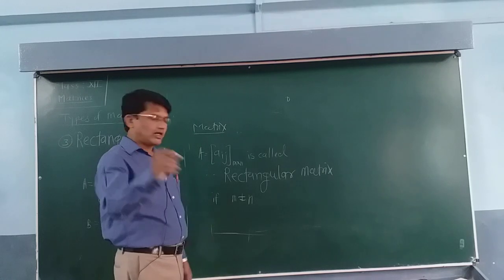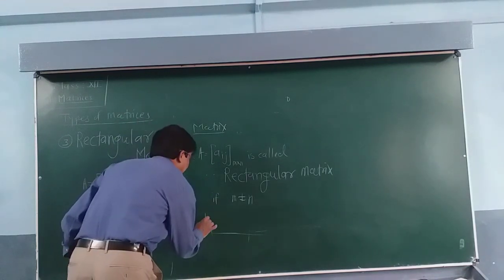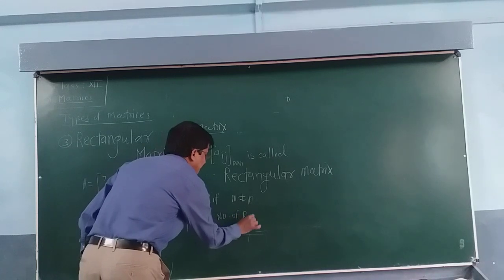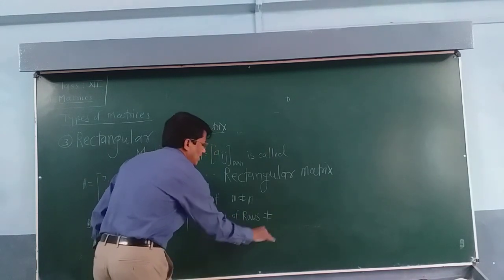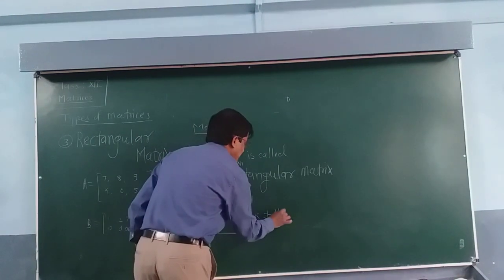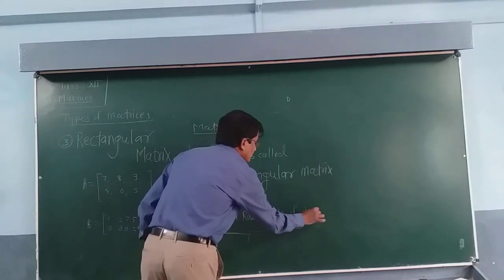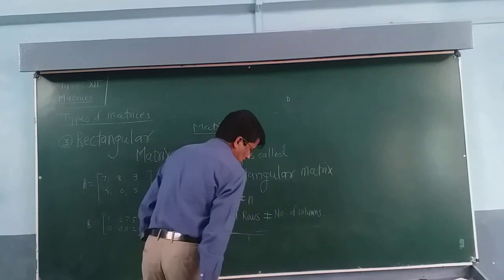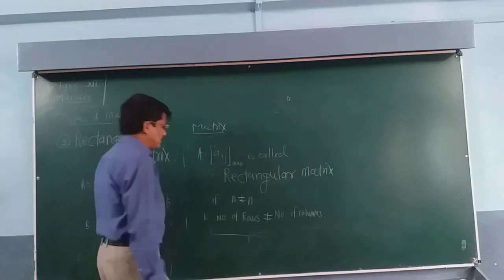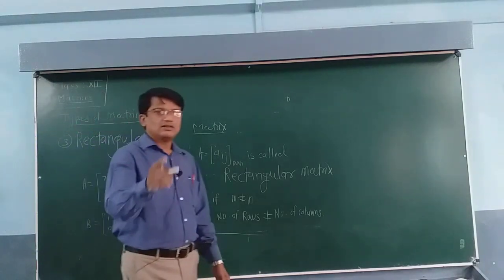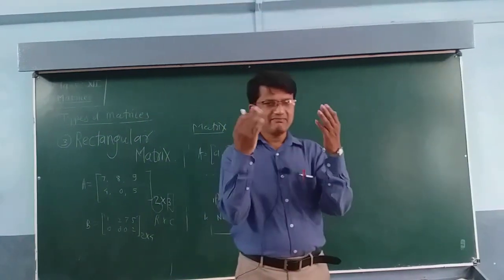M means the number of rows. The number of rows is not equal to the number of columns. So this type of matrix is called a rectangular matrix.